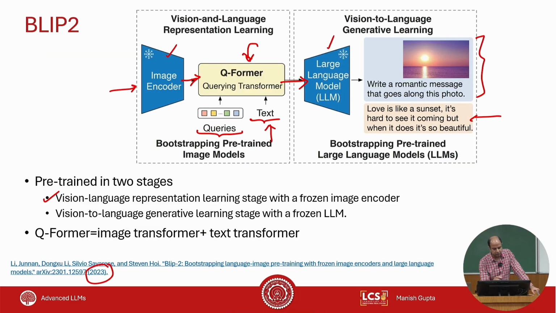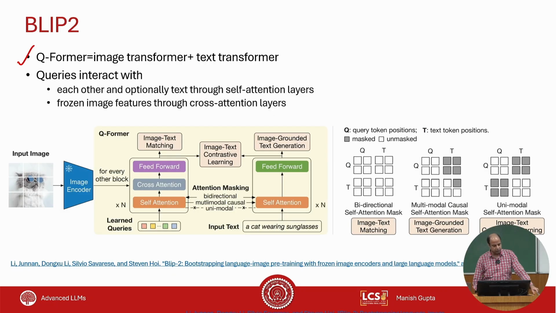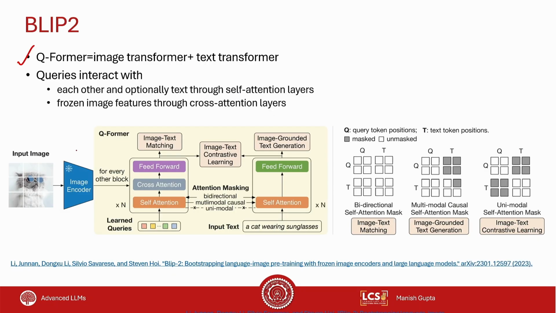Just to stress again, this is the Q-former, and its job is basically to take image and text and encode it in a fixed number of vectors. So it's taking image, it's taking text, and it's taking those learnable queries. The representation for these learnable queries is passed on to the next module, which is the LLM, the decoder.